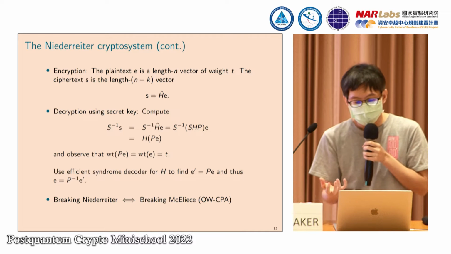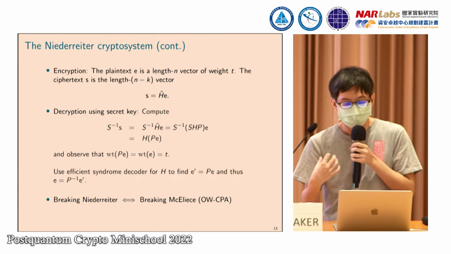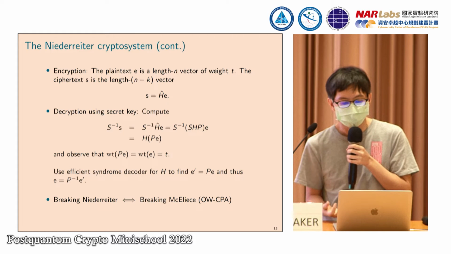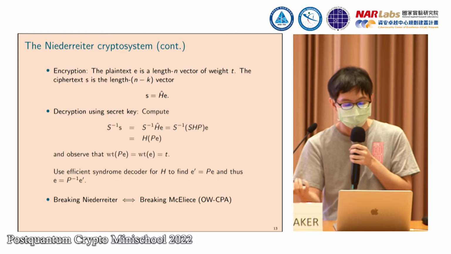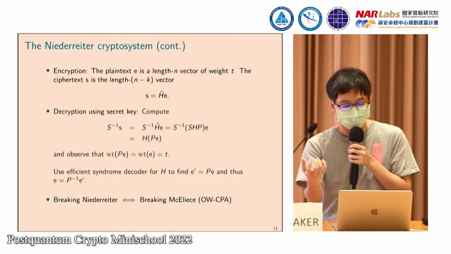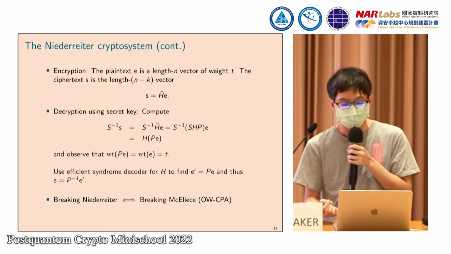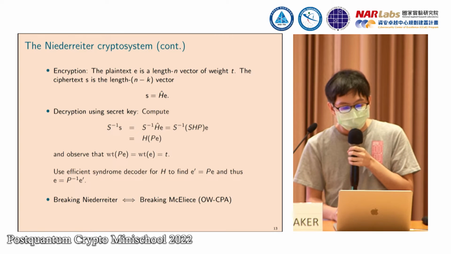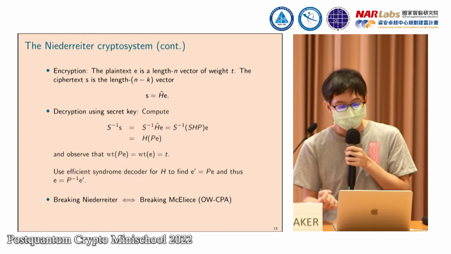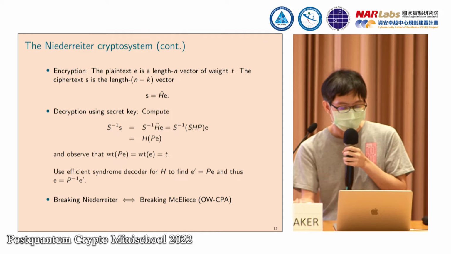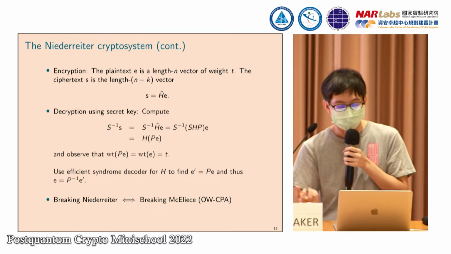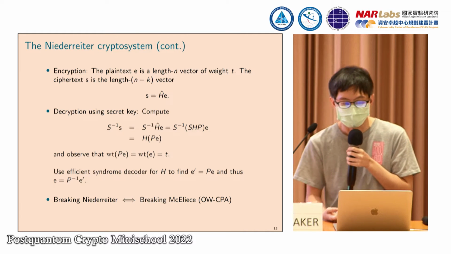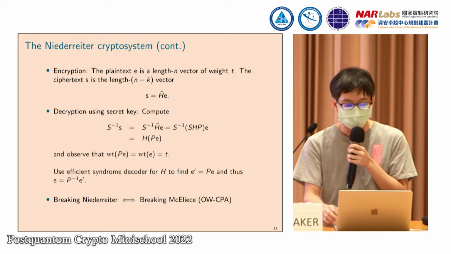After you encode your message into this error vector, you can just multiply the error vector by your public key H hat to get the ciphertext s. So now you have H hat being public and s being public. This is the same setting as in the syndrome decoding problem.